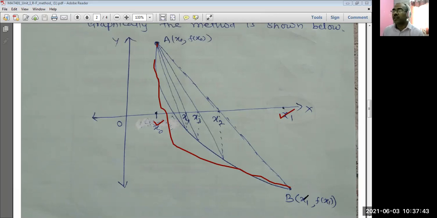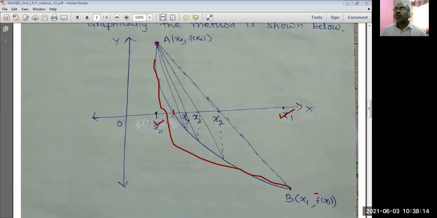And we know that in the fourth quadrant, the y coordinate is negative, and in the first quadrant, the y coordinate is positive, right? And therefore the function f(x) crosses the x-axis at this point, and we call this point the root of the given equation f(x) = 0, right?